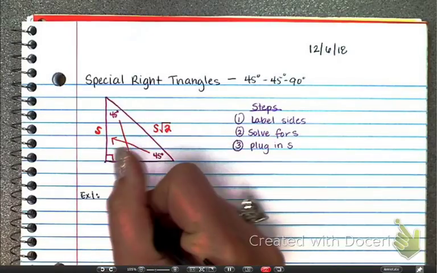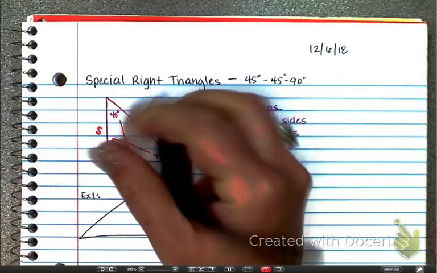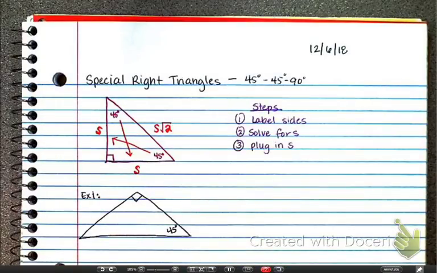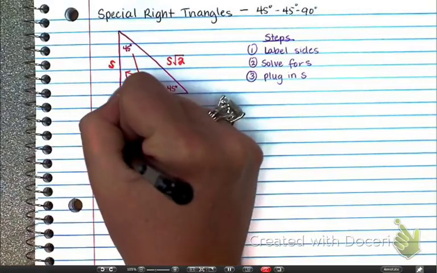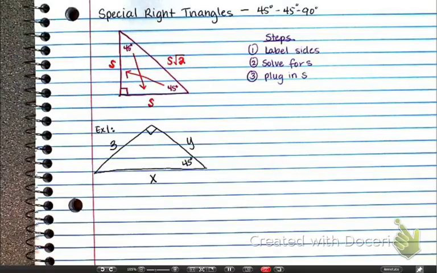So let's draw another right triangle. So we obviously need to solve for X and Y. So again, step 1 is to label my sides.